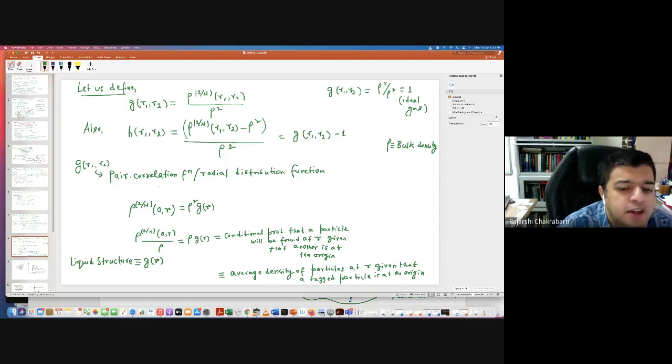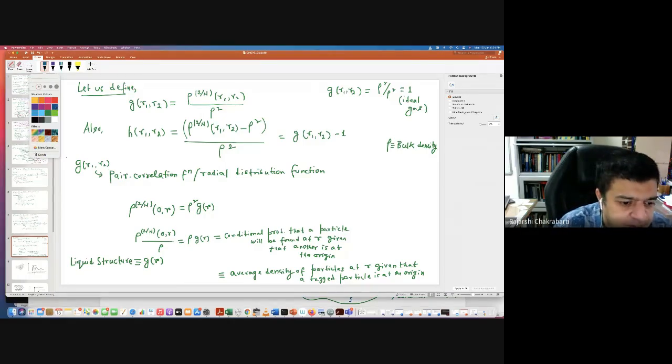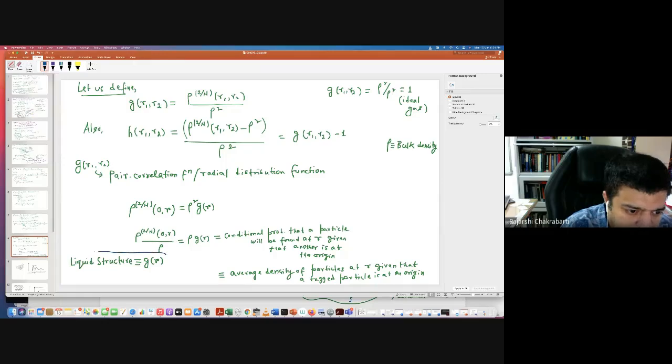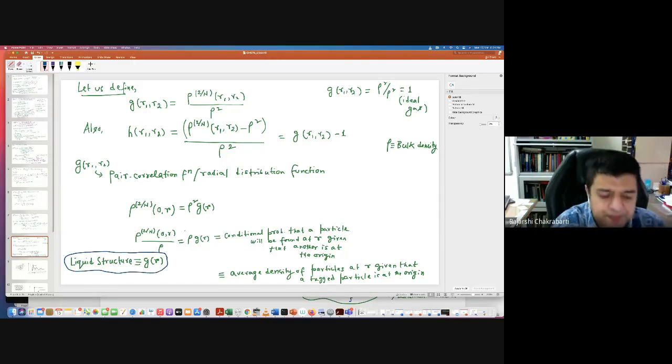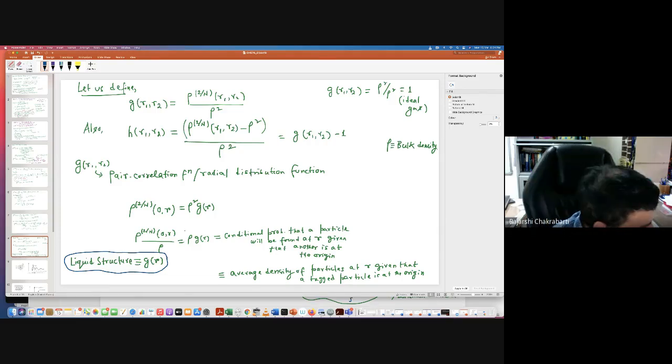Look very carefully at this expression. What you can see here is that if G of R is 1, then this average density matches with that of bulk density, isn't it? Any deviation from the bulk density is given by G of R. So that's why G of R talks about local structure in a liquid or in a fluid. Is this clear? If G of R is 1, then your bulk density and your 2-point reduced density, they match.